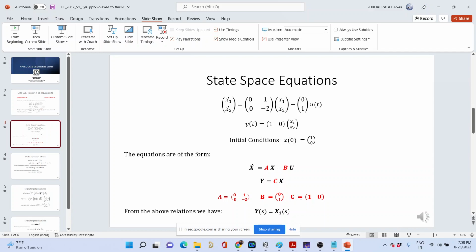C is a row matrix having elements 1, 0 of dimension 1 cross 2. Since y(t) is equal to x1(t), we are interested only in the value of the state variable x1.